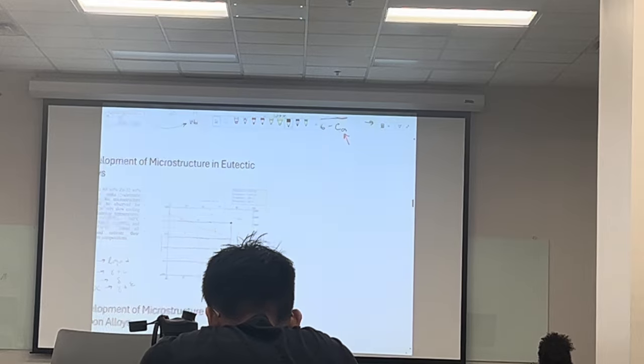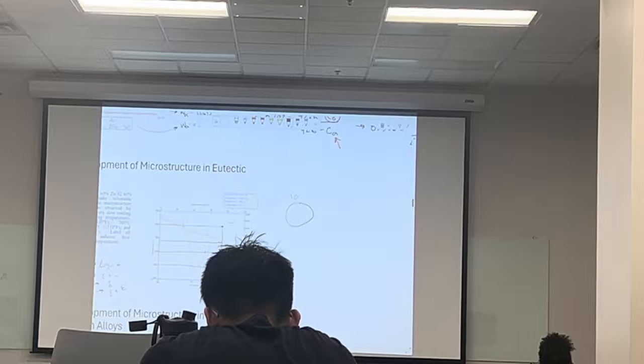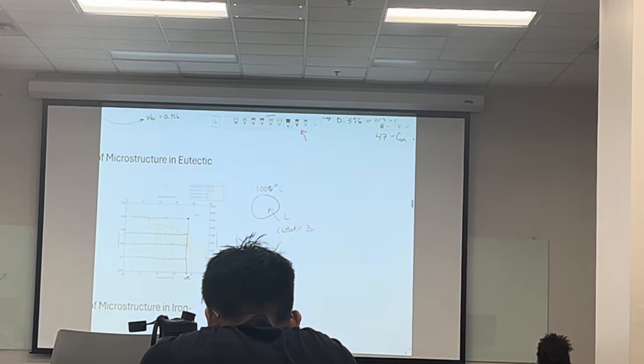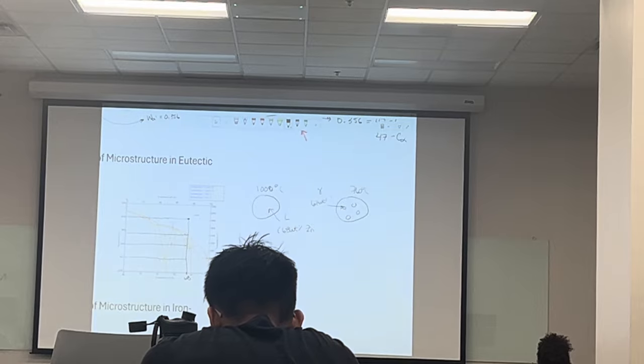To visualize it a little bit, in the 1,000 degree case, it's just a liquid phase, just the 68% zinc. And then if we go to 760, here's going to be your 67% zinc, but you're also going to have a liquidus phase that's 75% zinc.